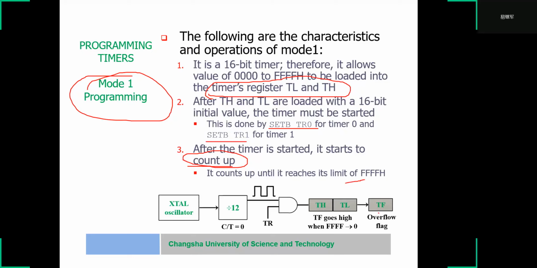When it gets overflow, from here we can see the machine cycle is the signal. So every machine cycle, the timer is incremented by one.